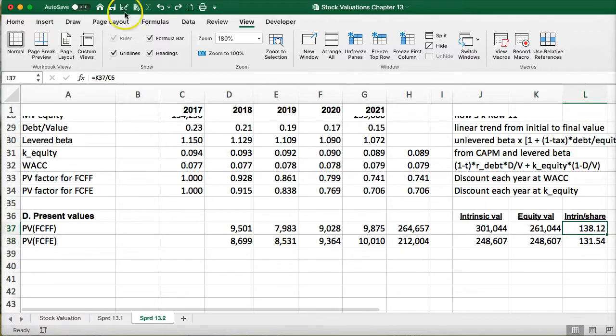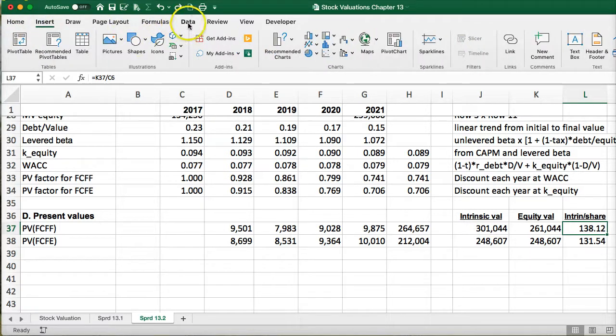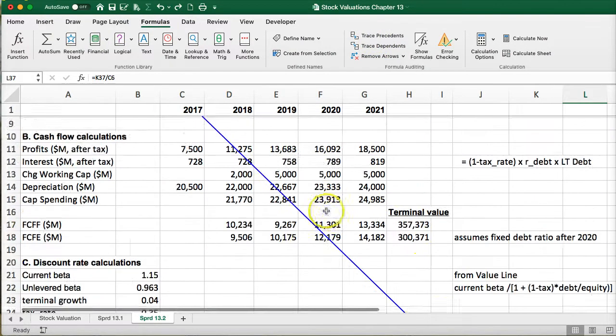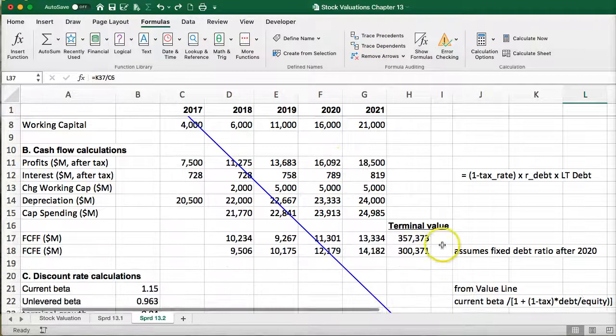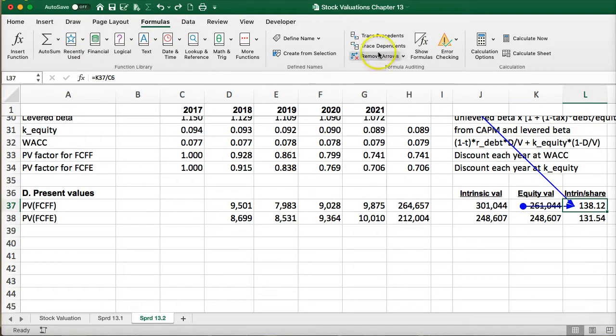And like I was showing you before, if you use these trace tools on the formulas, you can see what values we're using in the formula, as well as the formula itself. So it's a good way to kind of see how these formulas are being calculated using this information.